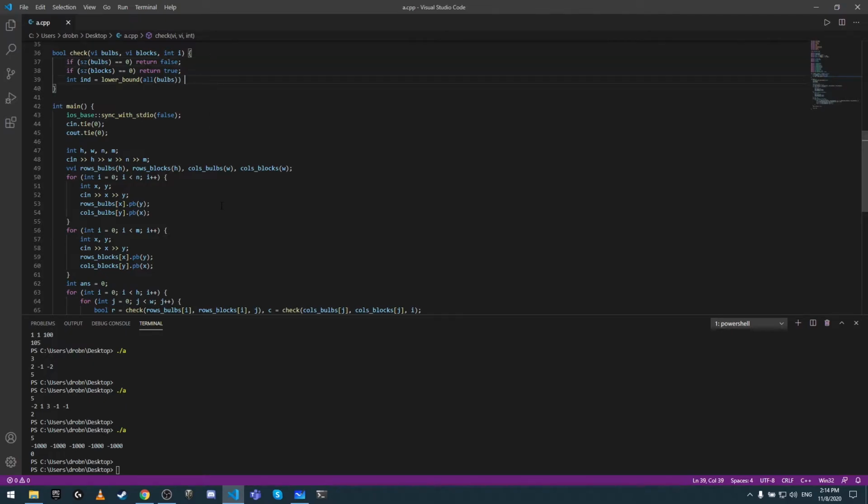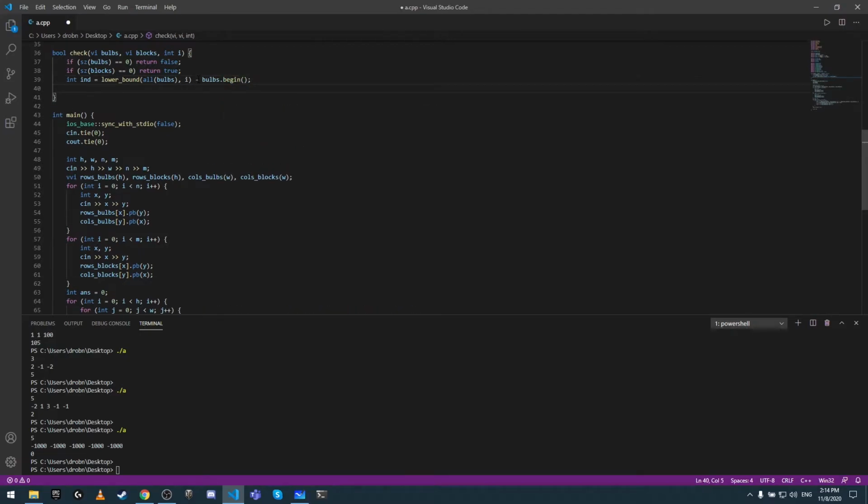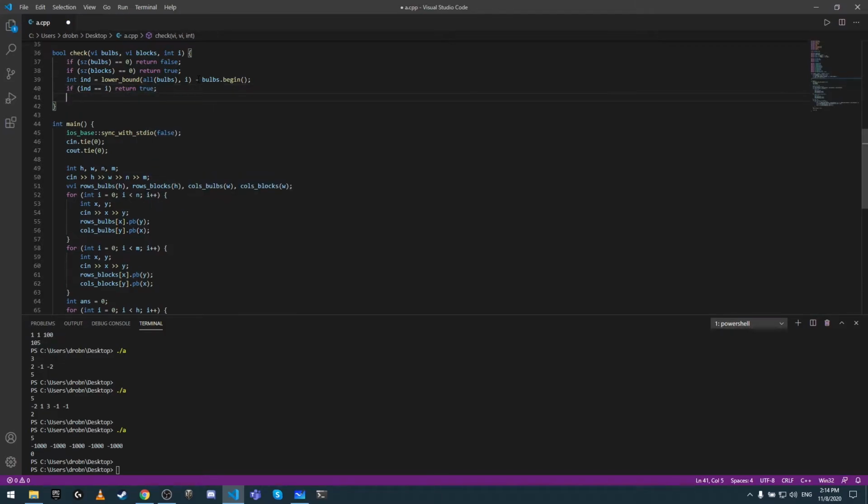Now we get this and I minus bulbs begin. Now we got the index of the closest bulb. So if index equals I, then we just return true. And if it doesn't equal, that means we have some block and some bulb.